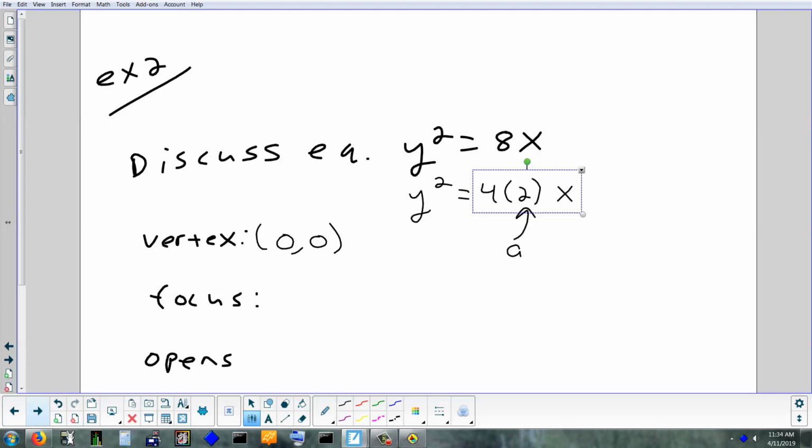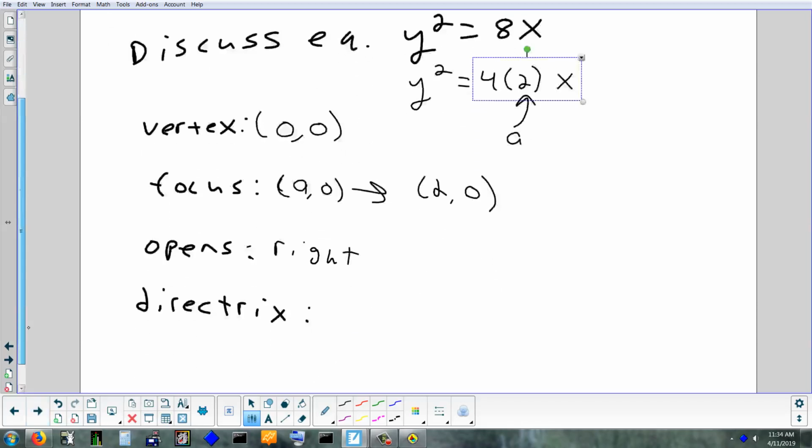It opens right. What's the formula for the focus if it opens right? It's a, 0, which in our case becomes 2, 0. So we already answered which way it opens. It opens to the right.